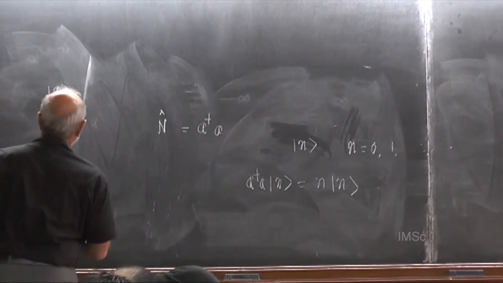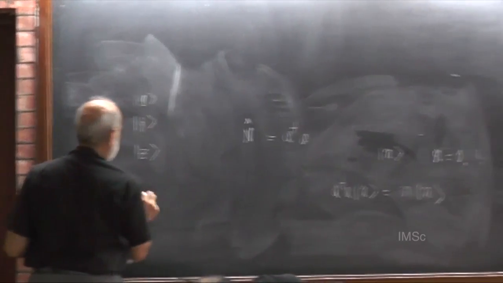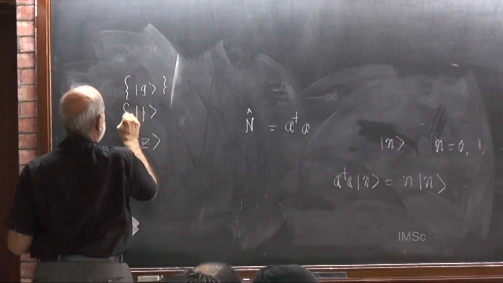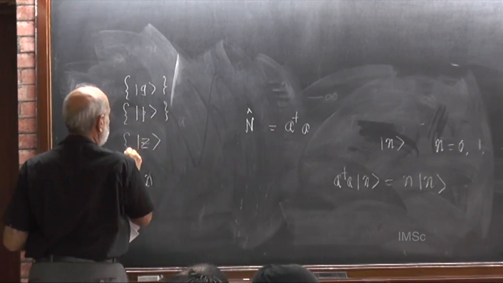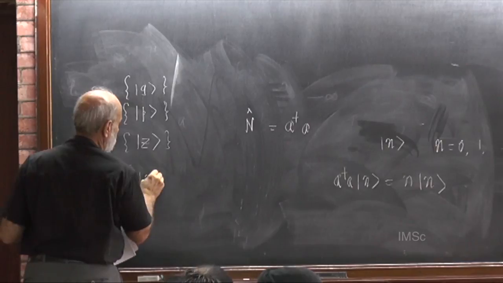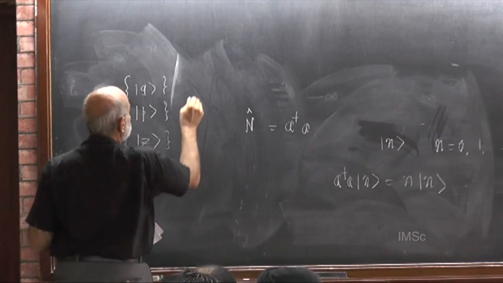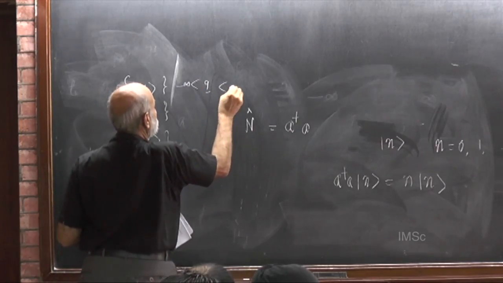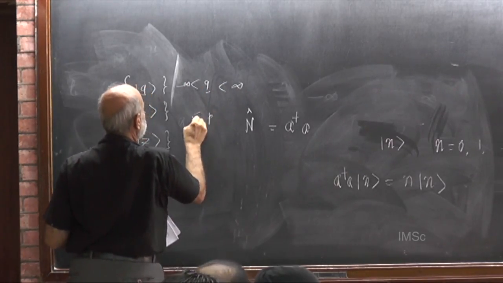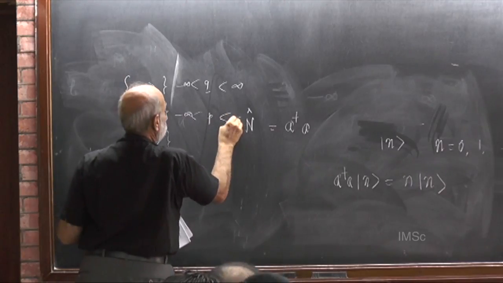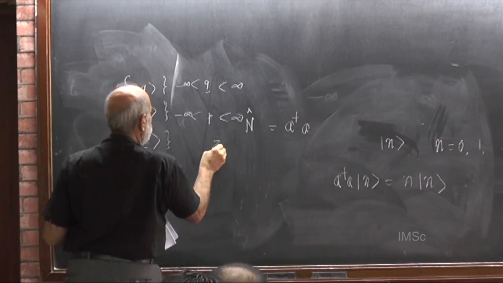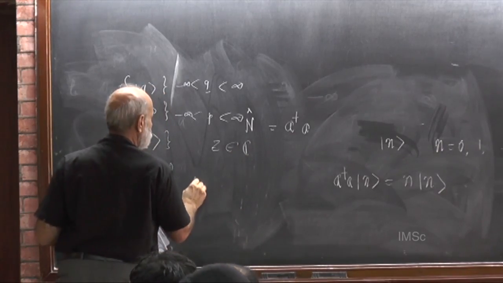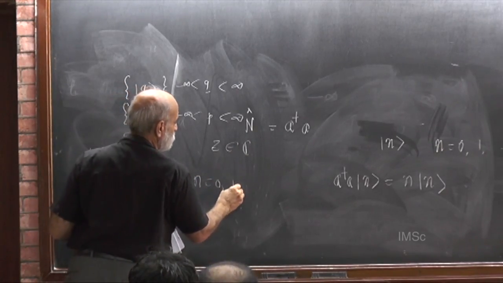These set of states, here q is a real number, p is a real number, z takes on all complex values, n equal to 0, 1, 2, 3.